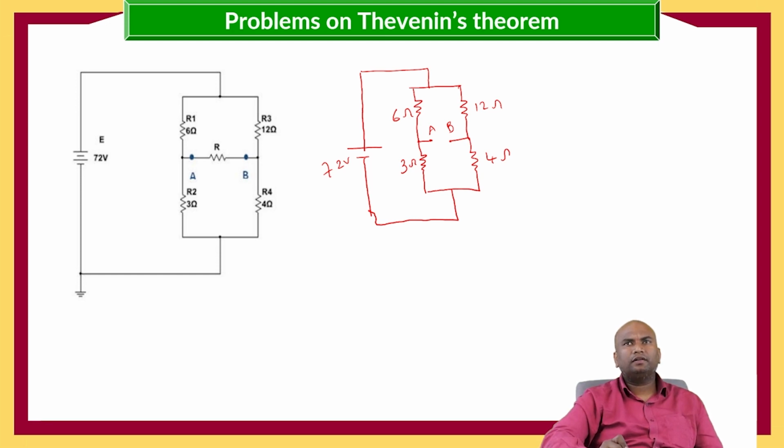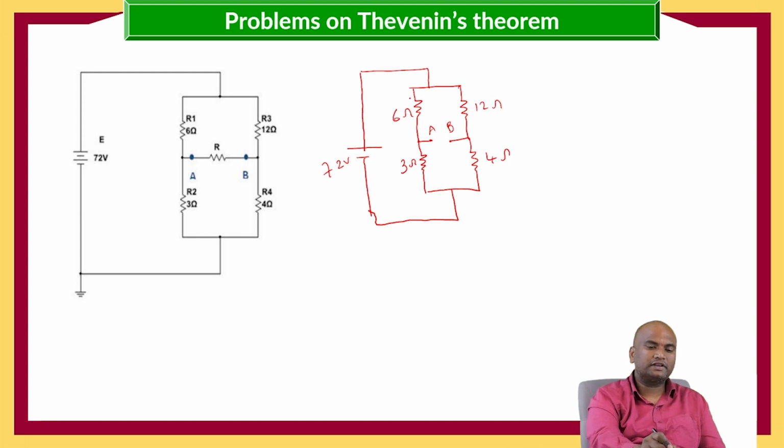For that, we need to calculate the voltage across 4 ohms and 3 ohms or 6 ohms and 12 ohms. So 72 volts is connected in parallel to the series combinations of 6 ohms and 3 ohms and 12 ohms and 4 ohms. So let us calculate the current first, I1 and I2.